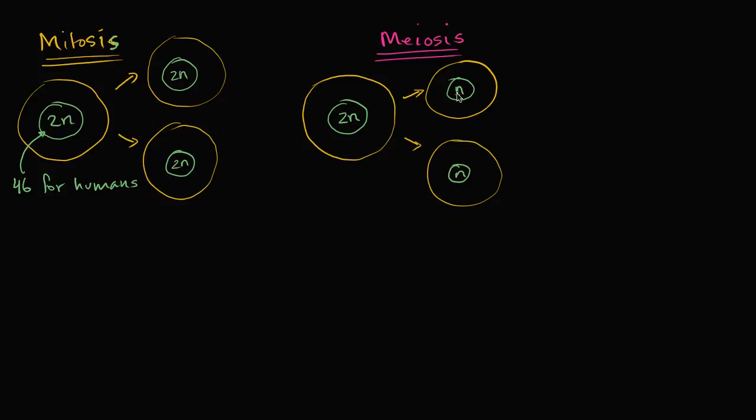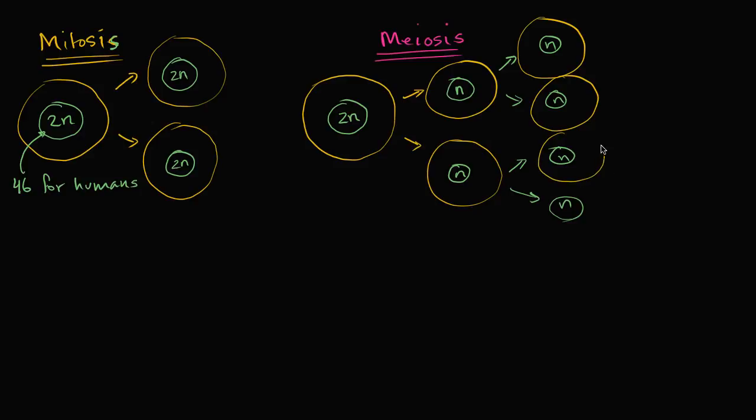Then each of these will go through a phase, which I'll talk about in a second, which is very similar to mitosis, which will duplicate this entire cell into two. So actually, let me do it like this. Now you're going to have four cells that each have the haploid number of chromosomes. And they don't necessarily all have the same genetic information anymore.